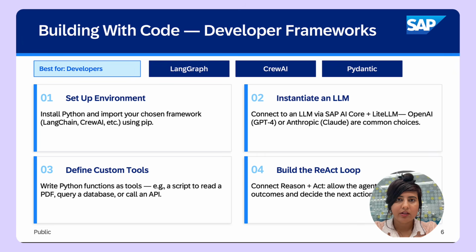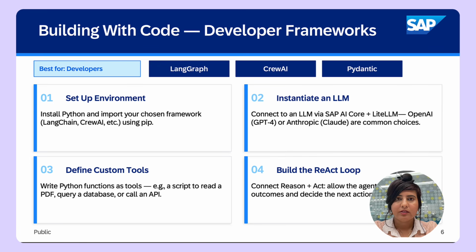And we can define the custom tools. Tools are nothing but function modules which are capable of a particular task. For example, we can define custom tools using Python functions, for example, in order to read a PDF document or query a database or call an API. And then build the ReAct loop logic.